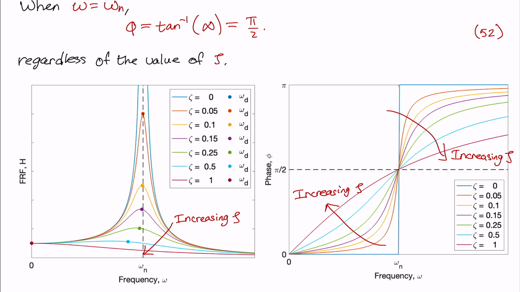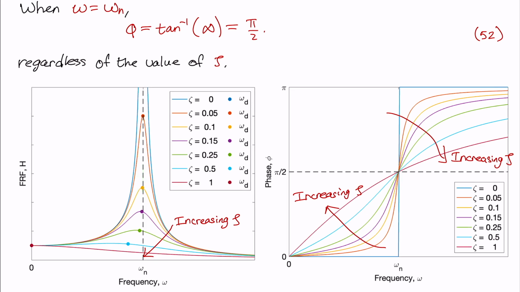In that case, the damped natural frequency is 0 because critically damped doesn't oscillate, so there's actually no oscillation frequency. As we increase zeta, or the damping, the peak magnitude or the amplitude at this natural frequency decreases. And we can also see how the damped natural frequency is also decreasing following a trend like that.